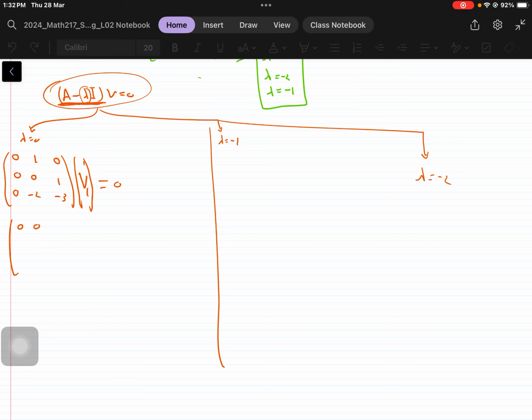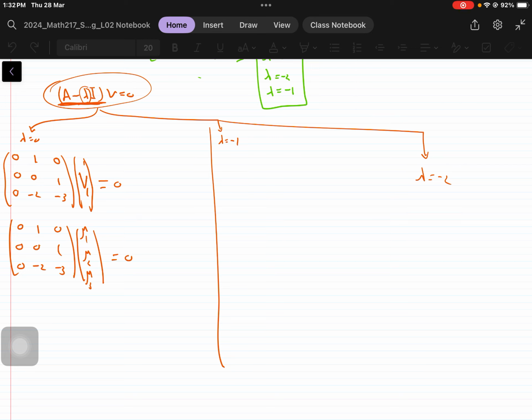So the matrix times mu1, mu2, mu3 equals 0. Well, we need to make more zeros in this matrix. Remember the last time when we said the row operation?